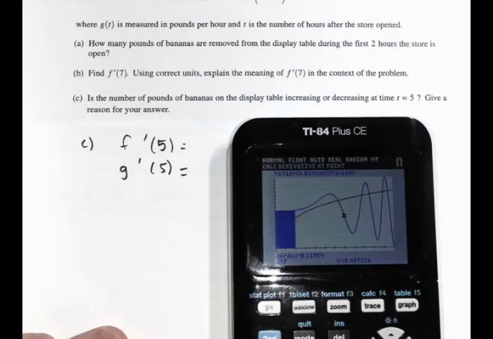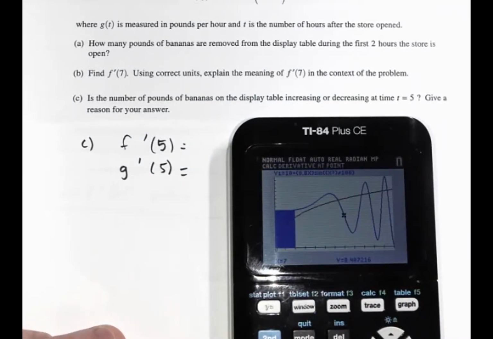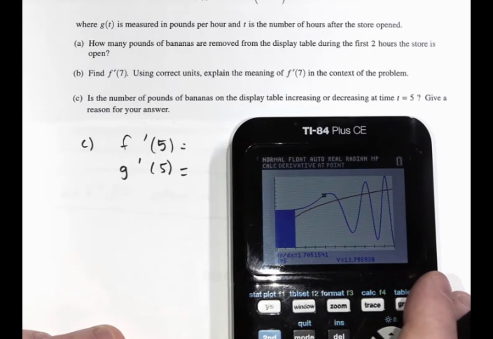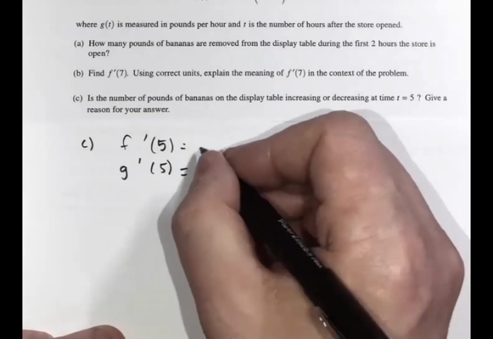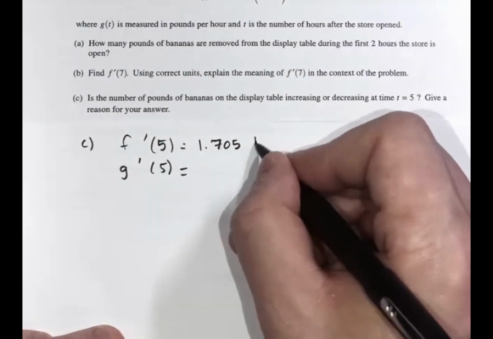So f prime of 5 would be calculate the derivative of the blue function at time equals 5. So the rate of consumption, they're getting taken off the display at 1.705 pounds per hour.